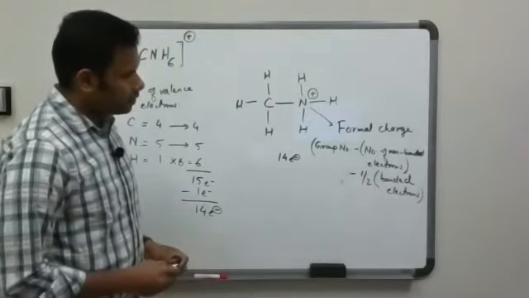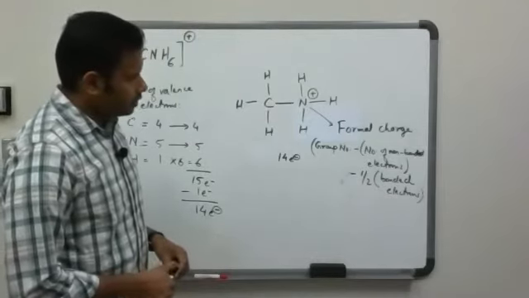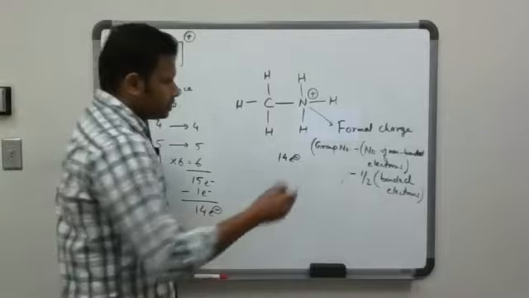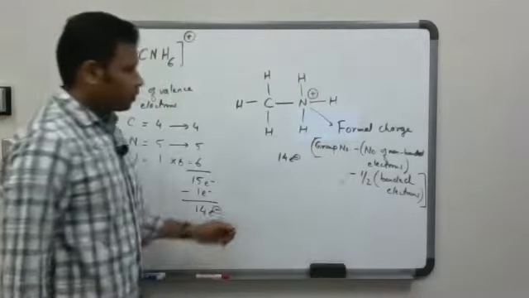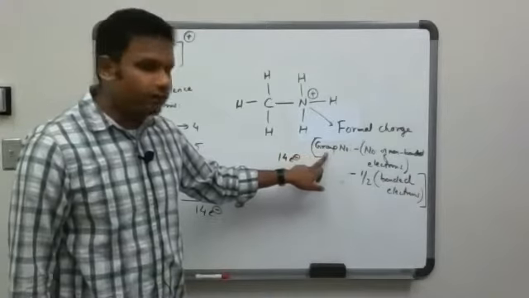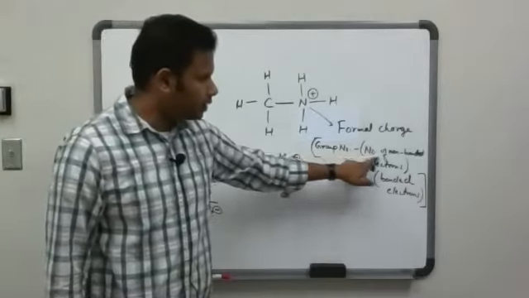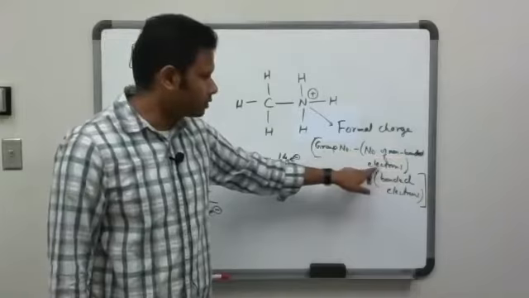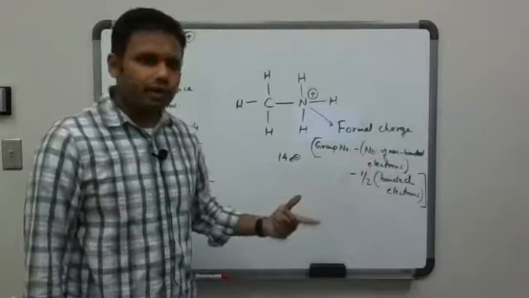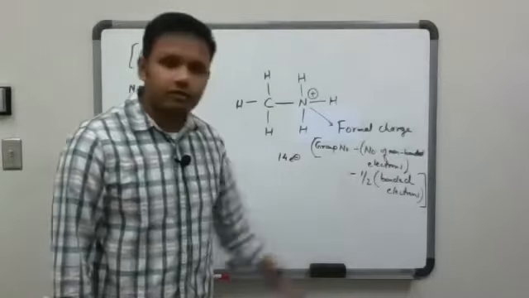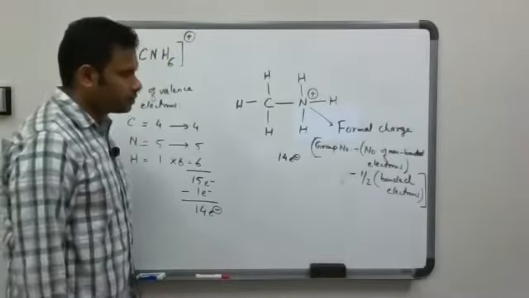Okay, half the number of bonded electrons. So this is the formula for calculating a formal charge. The group number of the atom minus the number of non-bonded electrons. This can be read as lone pairs, minus half the number of bonded electrons.